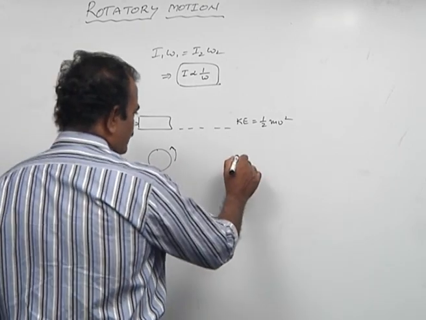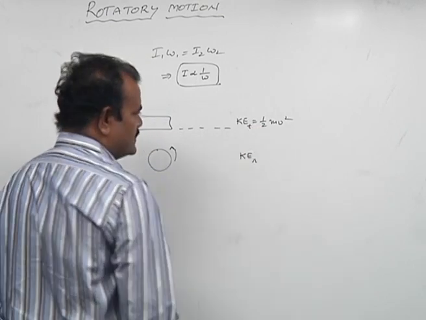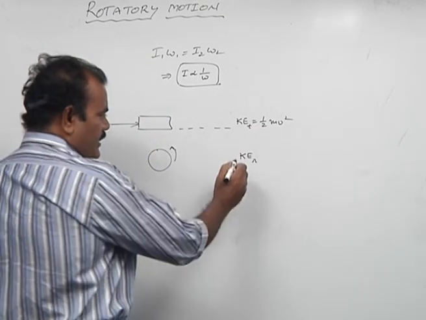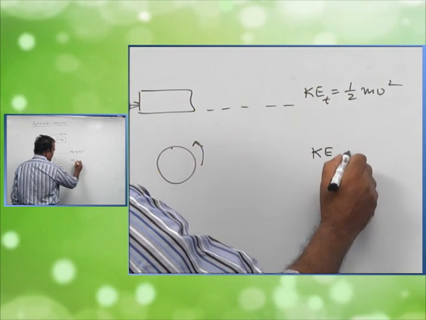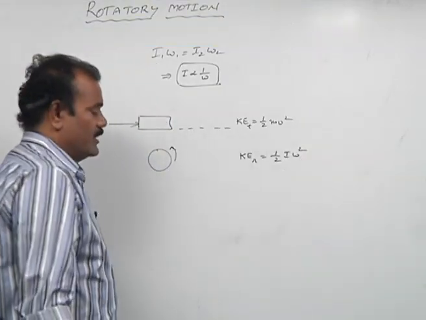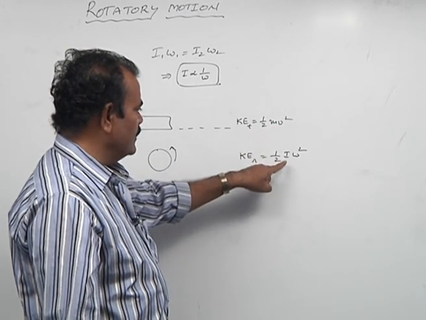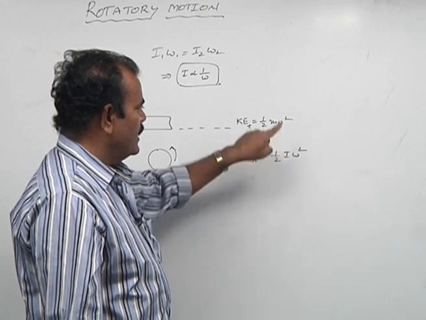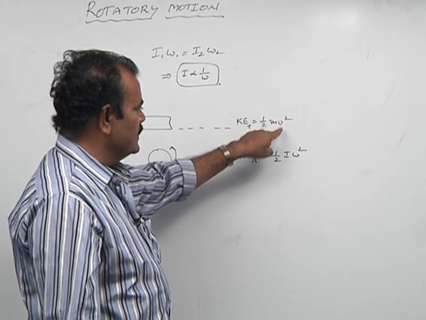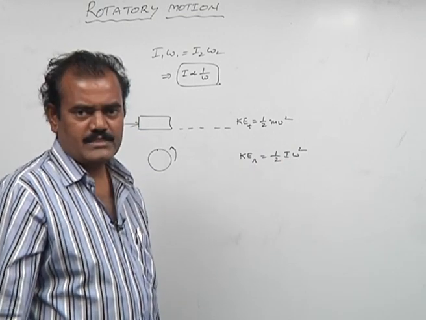In that case it will have KE_T, translational kinetic energy, and KE_R, rotational kinetic energy, and that will be taken as 1 by 2 I omega square, because as you already know, in place of the m in angular motion I comes, and in place of the linear velocity v, here it is the angular velocity omega square, so 1 by 2 I omega square.